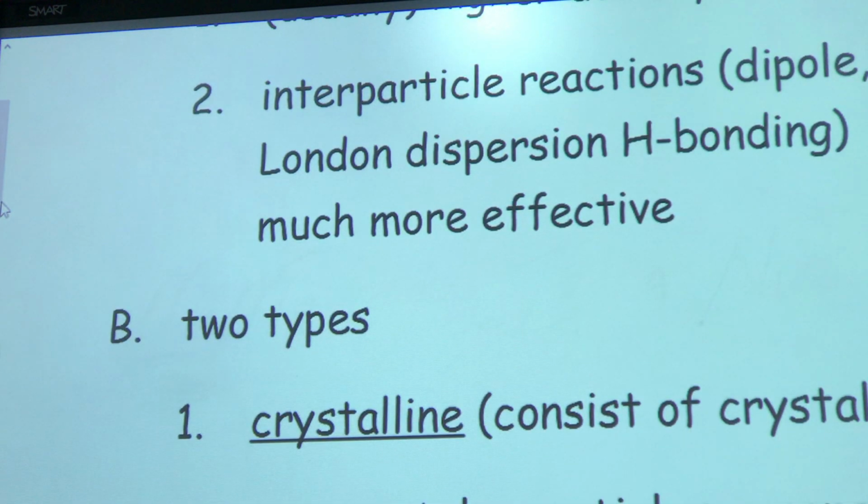And therefore, those interparticle interactions, the ones that we talked about with liquids, the dipole-dipole interactions, the London dispersion forces, and the hydrogen bonding, are much more effective because those particles, those atoms, are much closer together. So when the particles are closer together, those attraction forces are stronger, all right?